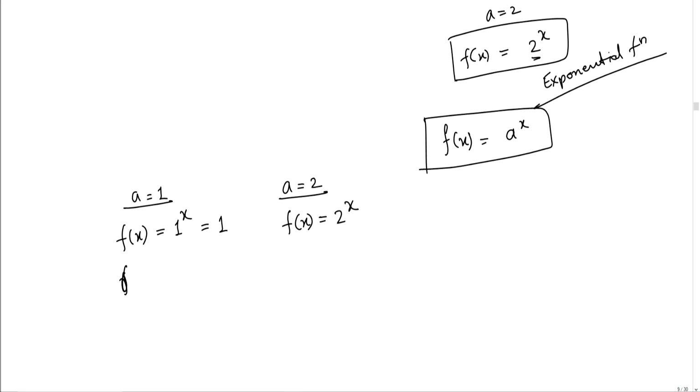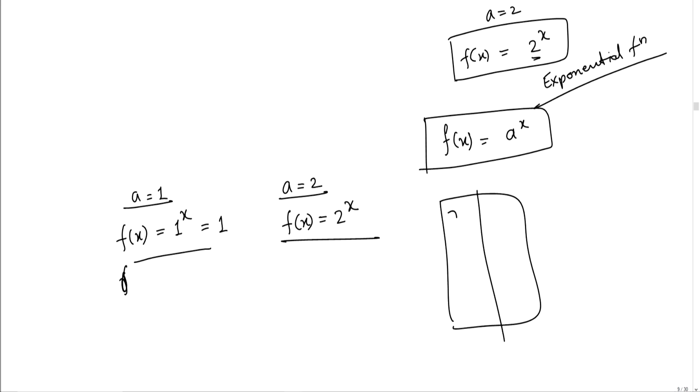So, what is the difference you see between this function and this function? In this function, the value of the function remains constant as the value of x changes. It would be a flat line parallel to the x axis. In this case, the function is 2 to the power x. So, as the value of x changes, the value of the function would grow very rapidly. Let me show you how.